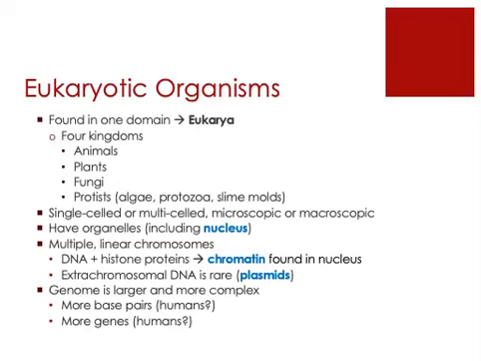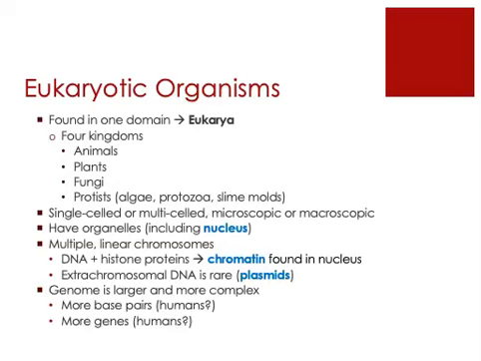Just as we said the defining characteristic of prokaryotes is a lack of organelles, eukaryotes have organelles, including that important structure called a nucleus. Eukaryotes have multiple linear chromosomes, and the DNA in those chromosomes is wrapped around histone proteins to create what we refer to as chromatin.